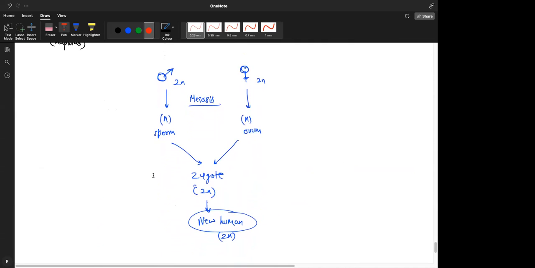You can write down this one sentence: in the absence of meiosis for gamete formation, it will be impossible to maintain ploidy through generations for any species.